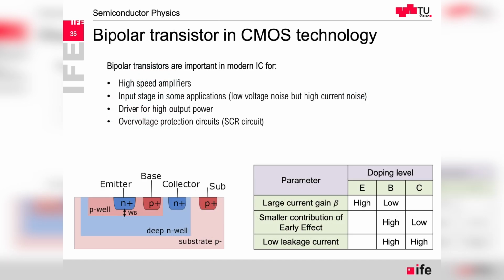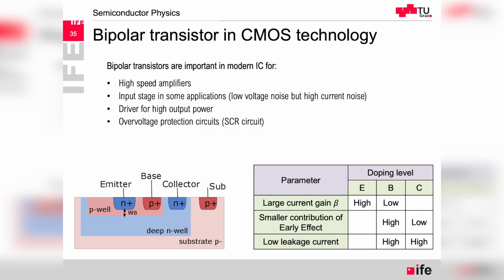And one of the final things, relating the doping level of the different regions of the bipolar transistor and the performance, I would like to summarize with this table. So we have those three regions: emitter, base, and collector. And we have three parameters that we might consider important. Depending on the application, we might want this or that parameter to be more important and go in a certain direction.